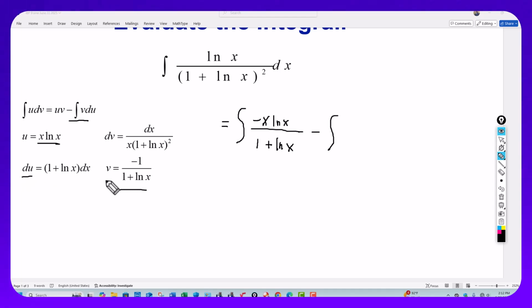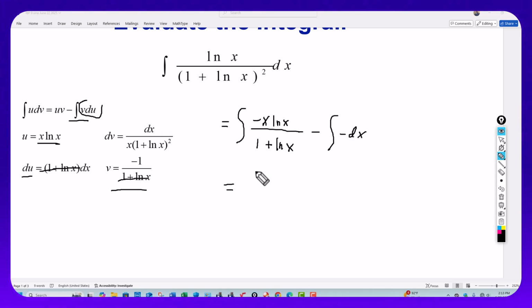So if we multiply these out, notice the 1 plus ln of x is going to cancel with 1 plus ln of x, and dx right there. So it's going to be minus dx. That's what I'm going to have left after doing this operation. So this is just going to be a plus here, double negative, and you can call this a 1 dx.